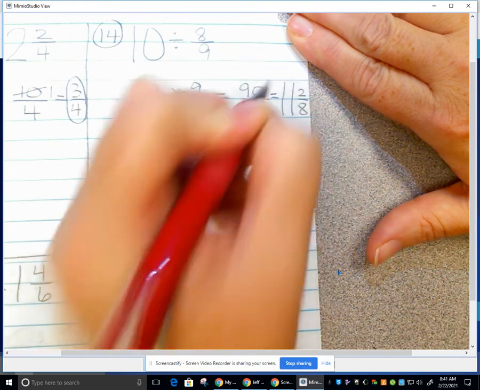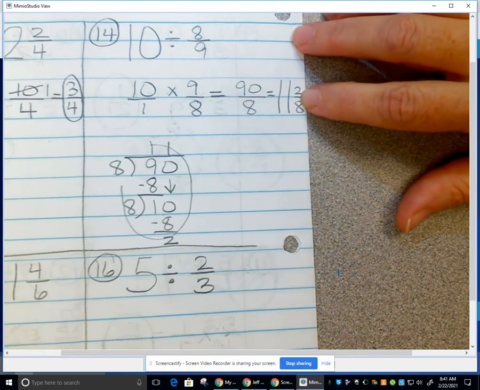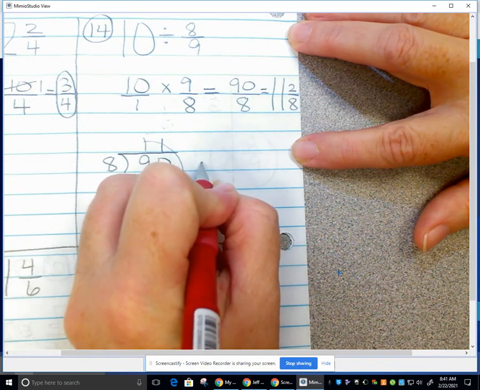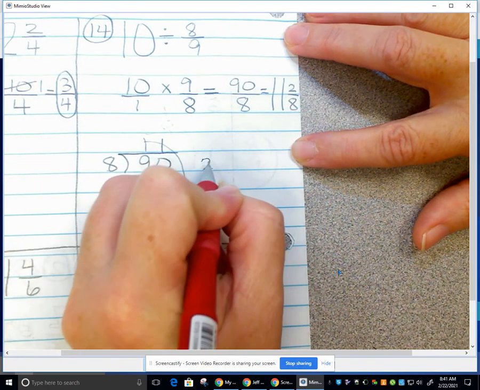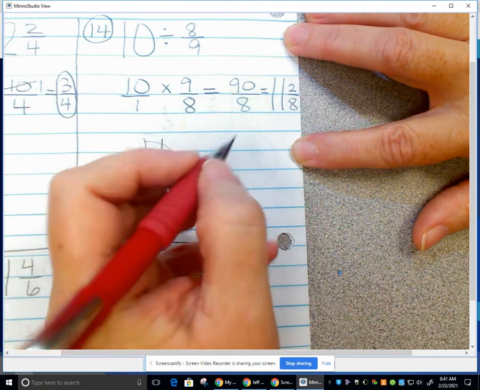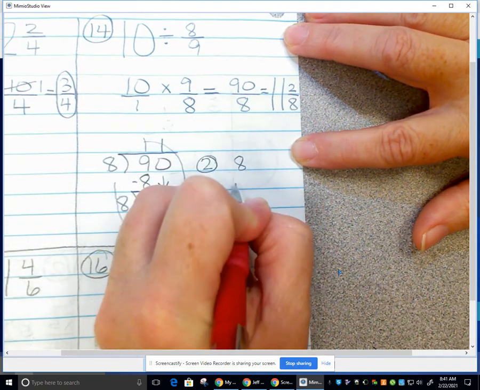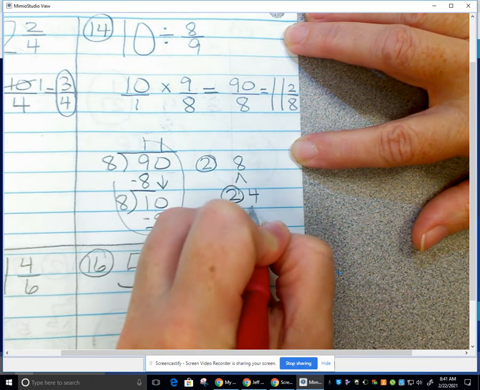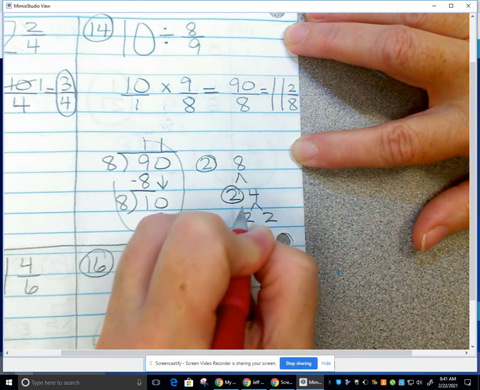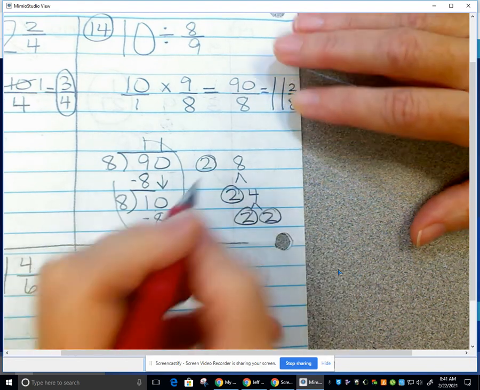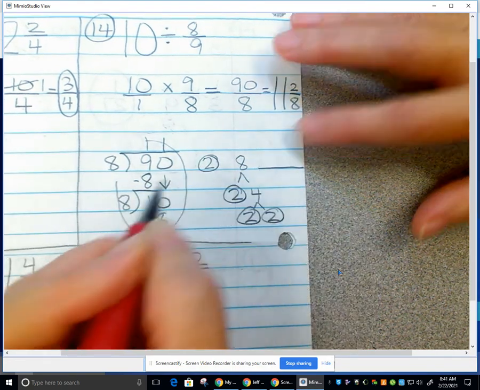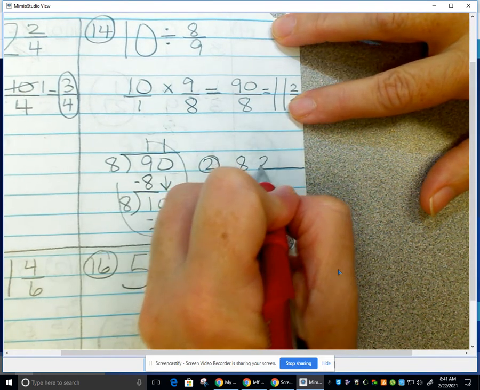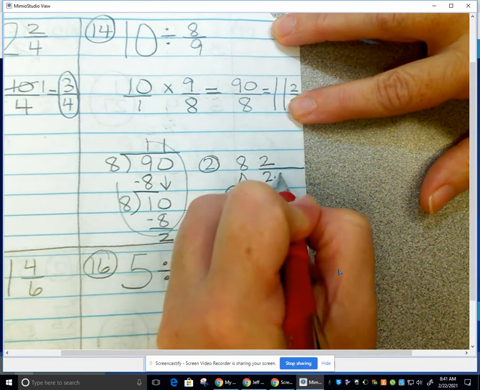And I've got to make sure that is in simplest form. And it is not. So I'm going to factor that out. 8. That's 2 and 4. 2's prime. 4. 2 and 2. Prime, prime. Let me draw a line. I've got some matches here. 2 on top. 2, 2, 2 on bottom.